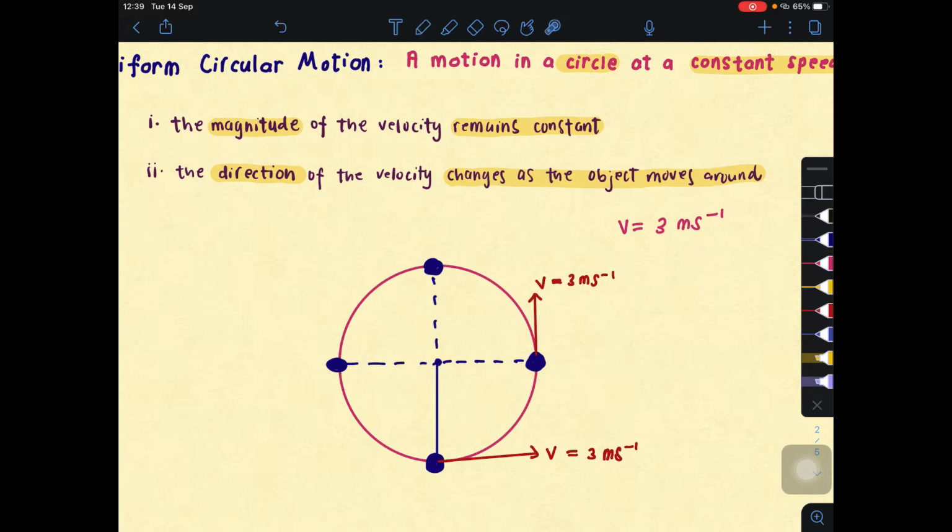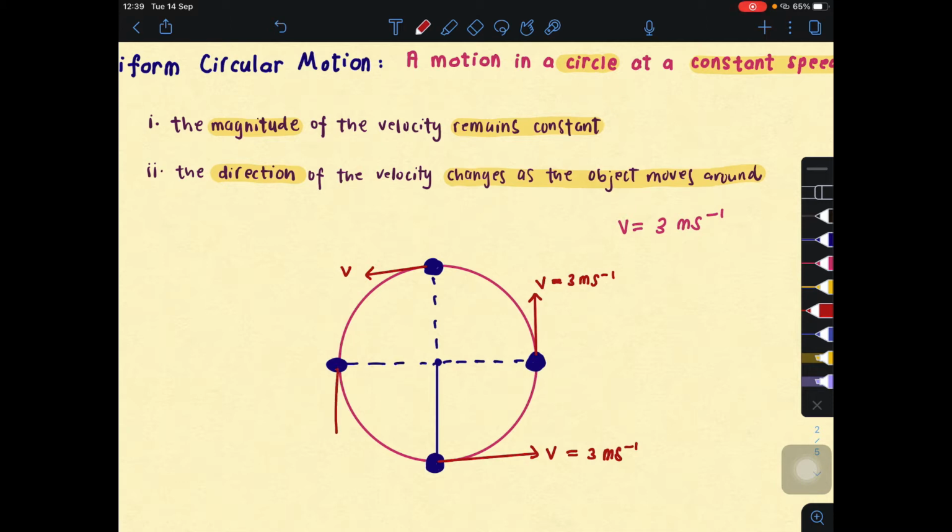So kamu tengok dekat sini, direction of velocity dia sudah berubah. Tetapi magnitude masih sama. Sebab tu adalah salah satu keyword untuk circular motion. Dia mesti constant speed. Speed dia tidak akan berubah. So di sini pun sama. At this point, velocity dia pula to the left.